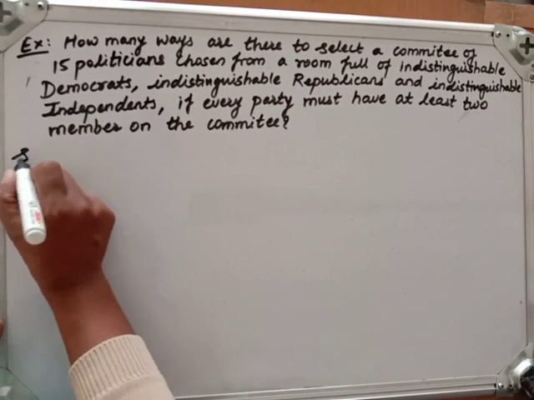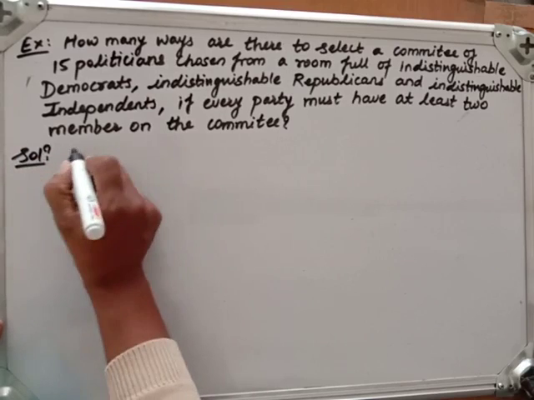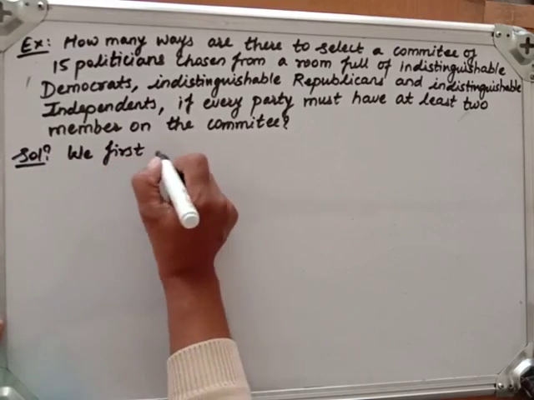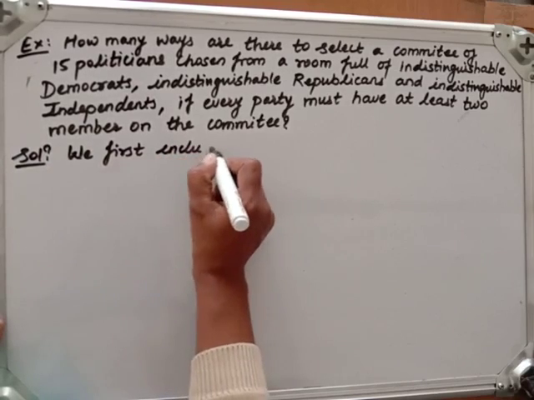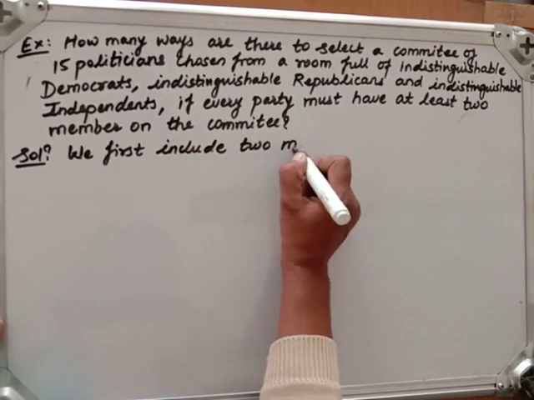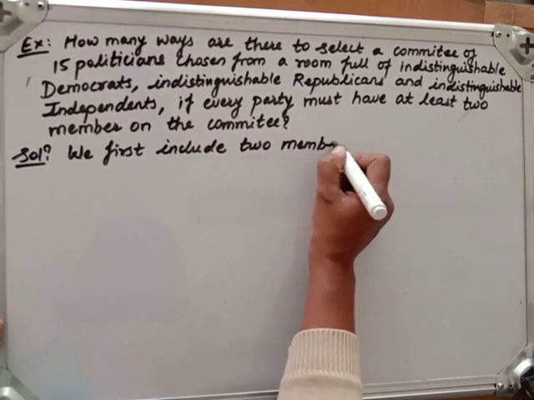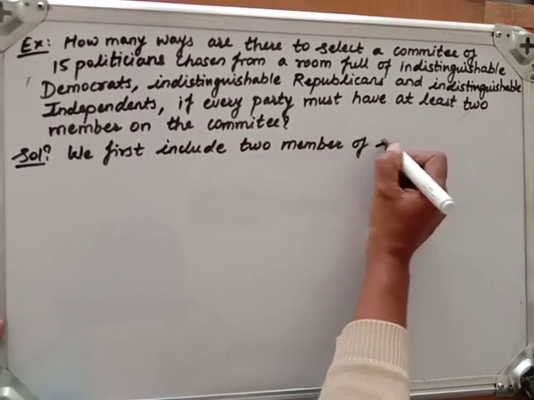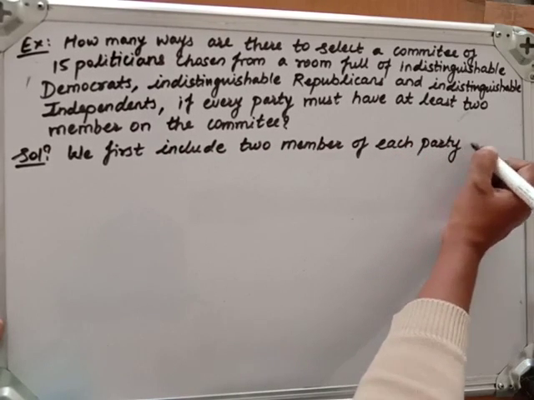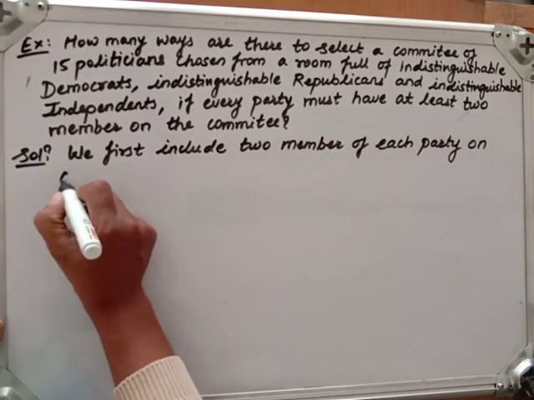So here we can write the solution. We first include 2 members of each party on a committee.